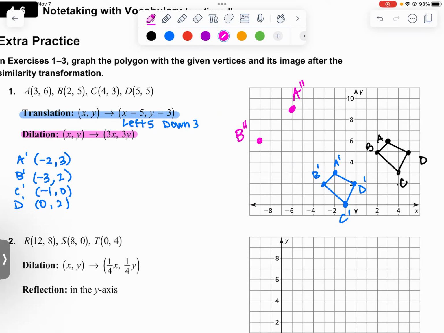C, 3, 0, and then D prime's at 0, 2, so now it's at 3.